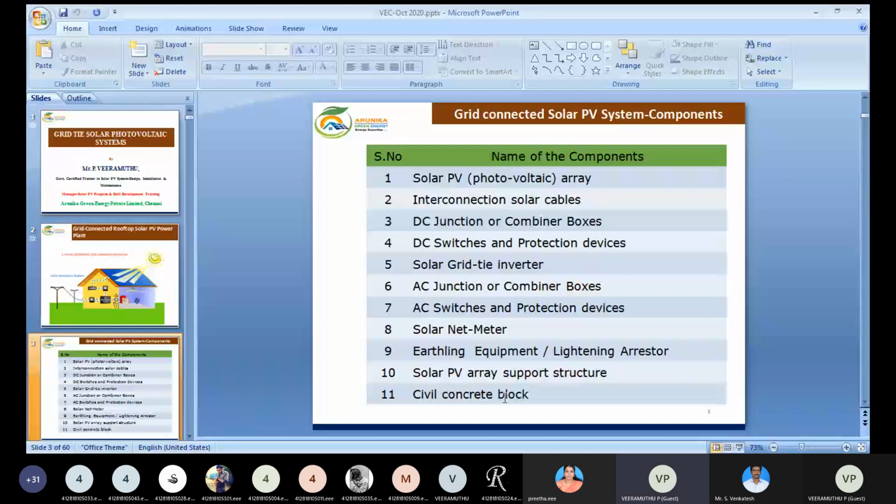These are the major components used for a grid-connected solar PV system.